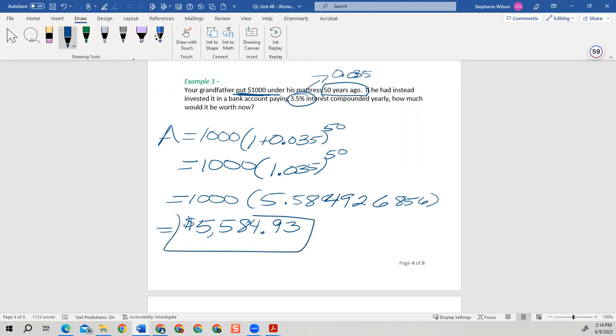So if the grandfather would have put that in a bank account that was paying an interest of 3.5% compounded yearly, then he would have $5,584.93, which is $4,584.93 more than the $1,000 he has at the moment.